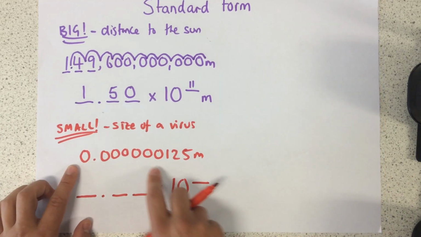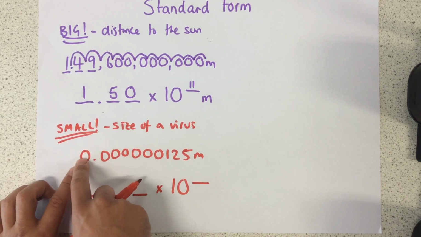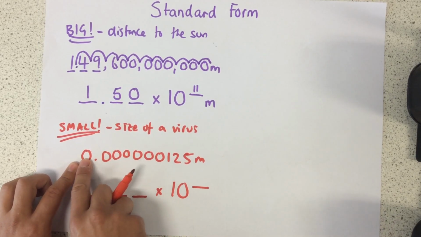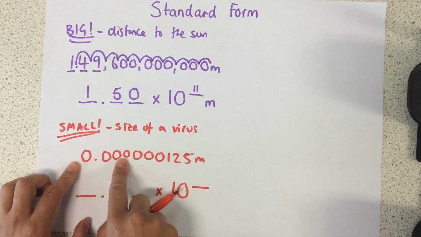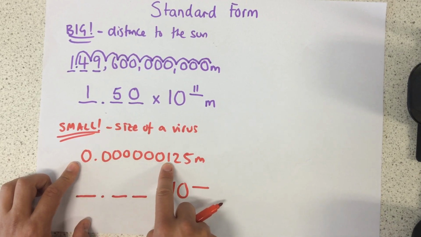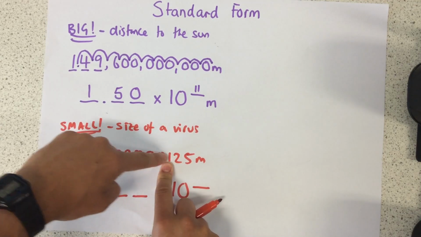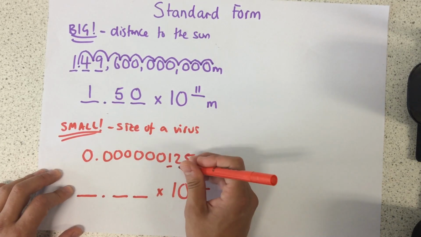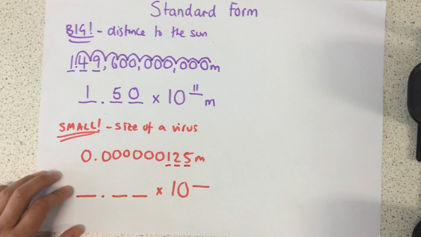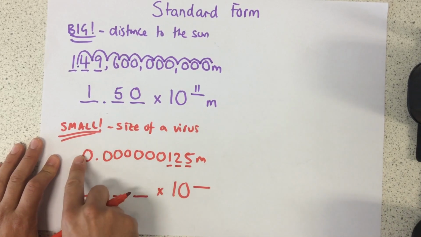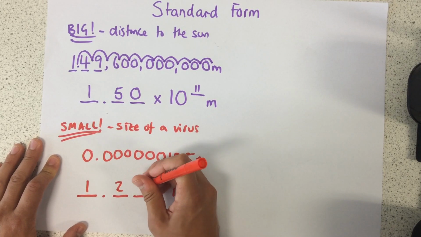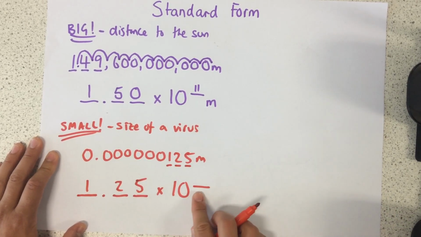So this time, rather than starting right over here, because all of these numbers are zeros, we start here and we move this way until we find our first non-zero number, which is this one here. So this is going to be my start right here. The three digits I'm going to include are this one, and this one. So my first digit is 1.25 times 10 to the something.